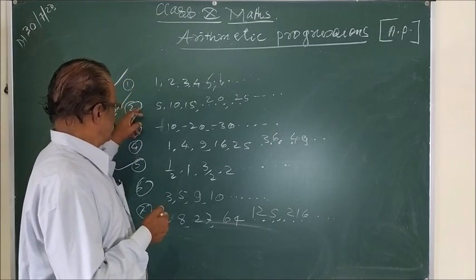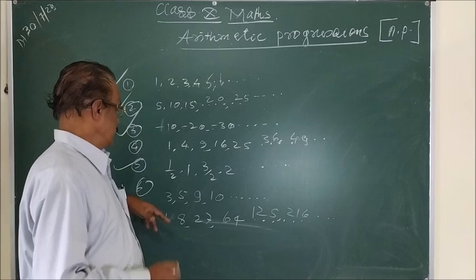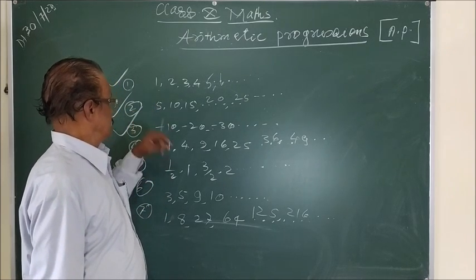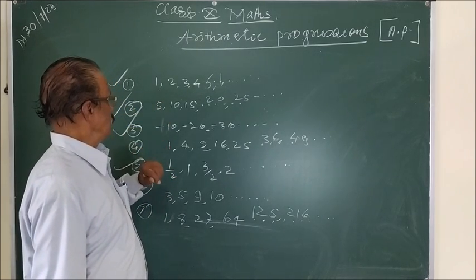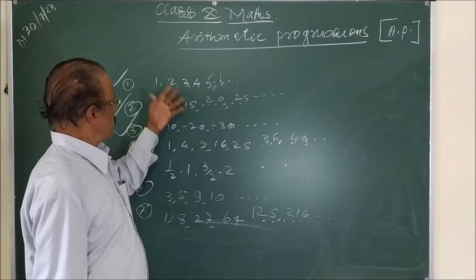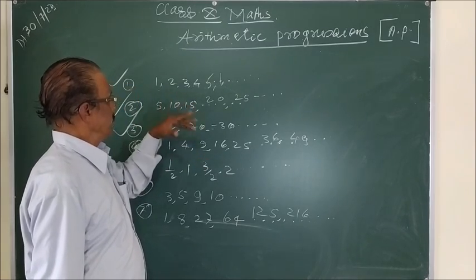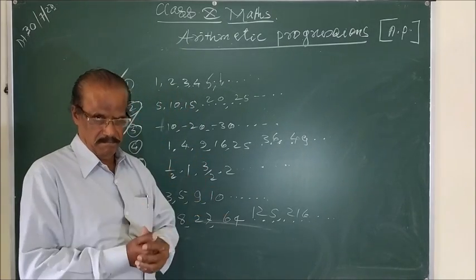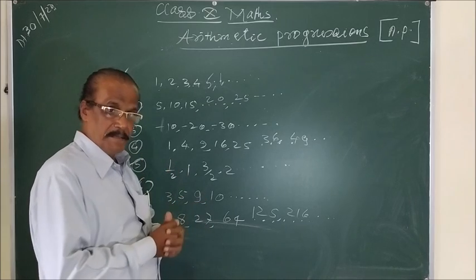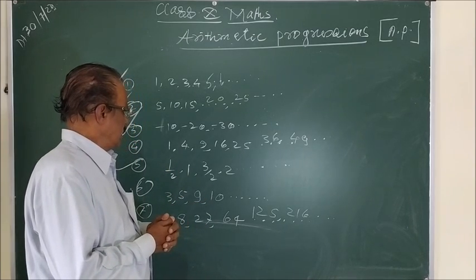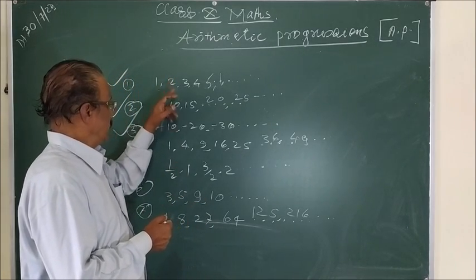So 1, 2, 3 and 5, this follows a specific rule. The numbers obtained by adding or subtracting to the previous numbers, and so they are called in AP.